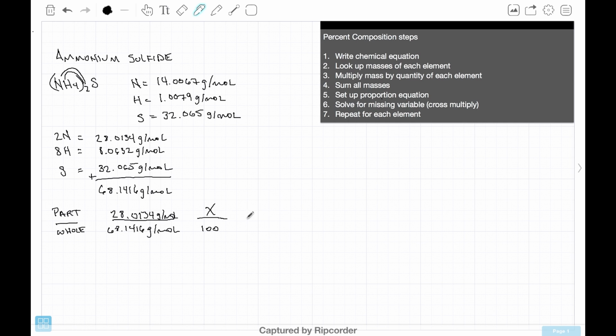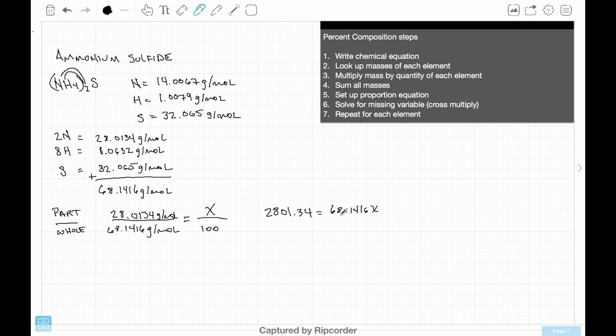So now we have our proportion equation, and we're going to cross multiply first, and that's going to give us 2,801.34, which equals 68.1416x.